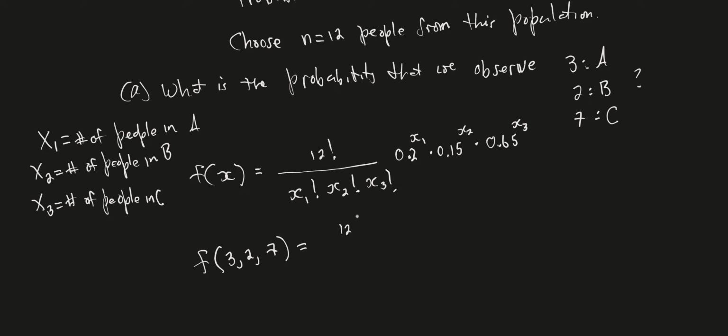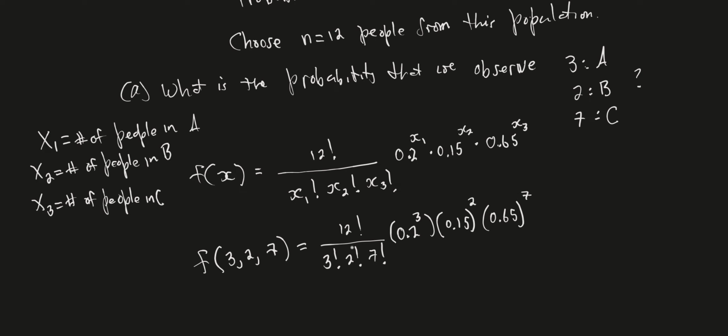So we have our 12 factorial divided by 3 factorial times 2 factorial times 7 factorial. And then we're going to have 0.2 to the third power times, maybe I'll put these in parentheses, and then 0.15 to the second power, and then 0.65 to the seventh power, right?